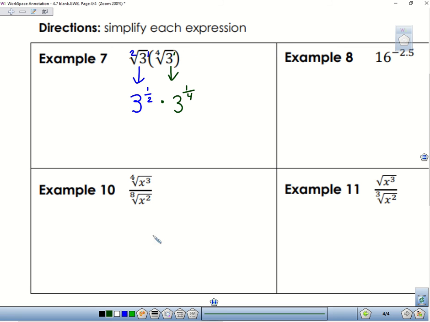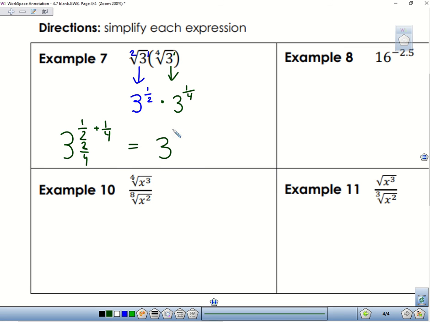Good, 1/4. So we end up with 3 to the 1/2 times 3 to the 1/4. So what do we do with exponents when they're multiplying? Add them. Good, we add them. Anybody know what 1/4 plus 1/2 is? Yeah, so technically speaking, you'd have to convert this. I know that 1/2 is 2/4.